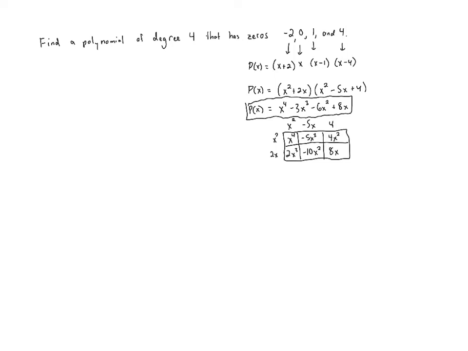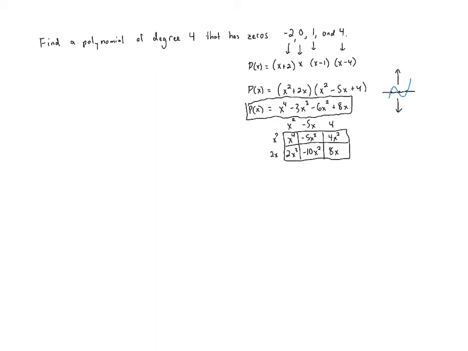Now, what is another polynomial that has these same numbers as zeros? What can we do to a graph that doesn't change its zeros? Well, one of the things we can do is a vertical stretch, because we know that when we stretch things, everything that started off on the x-axis, which are the zeros, stays on the x-axis.